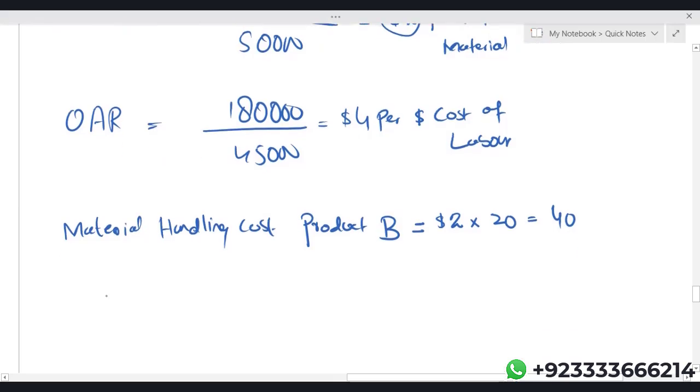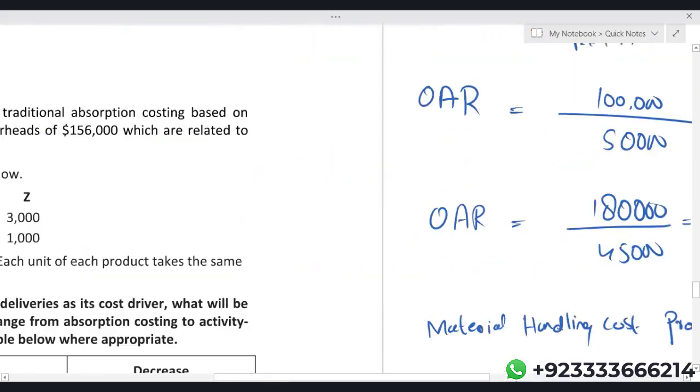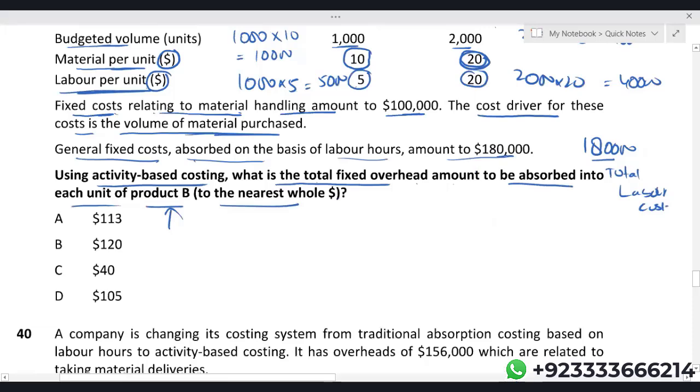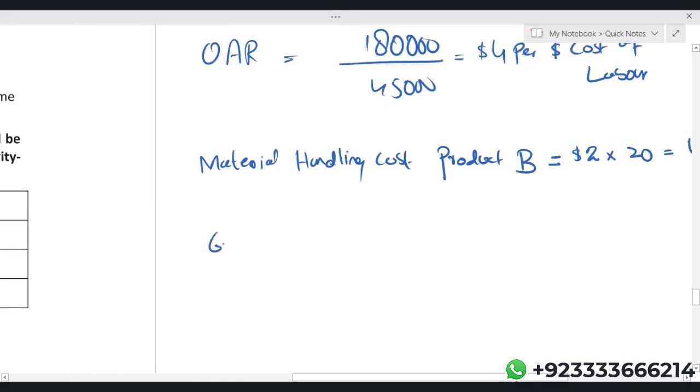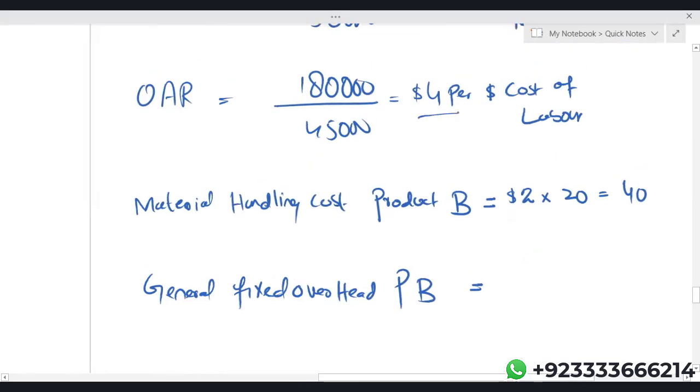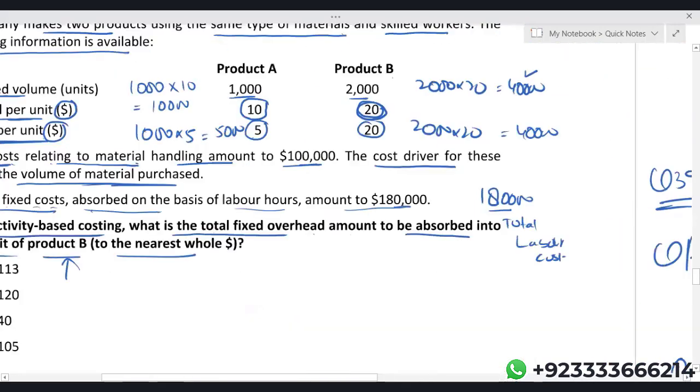Now, the second is the general fixed overhead absorbed on the basis of labor cost. General fixed overhead relating to product B is $4 per $1 of labor cost.